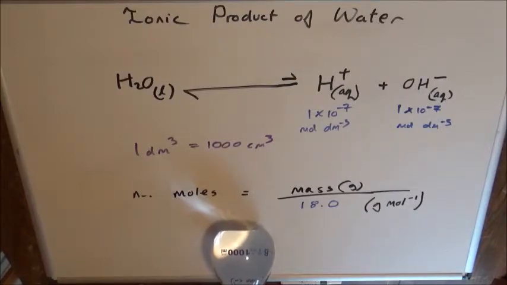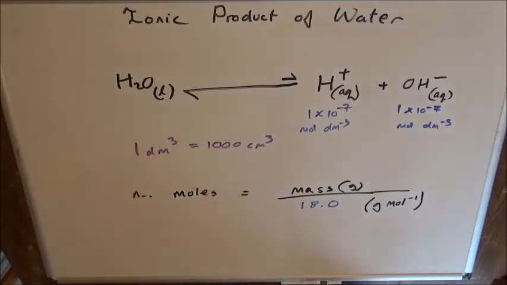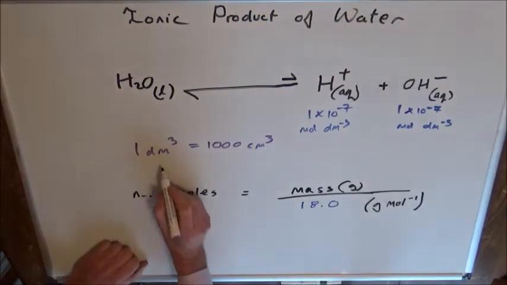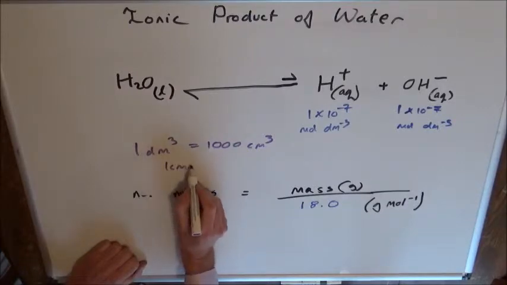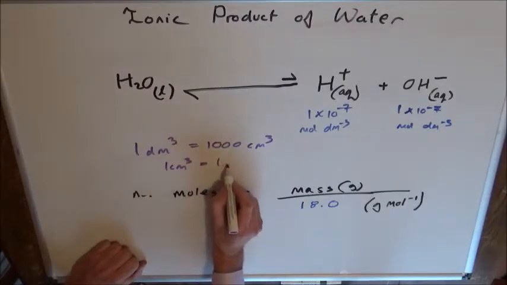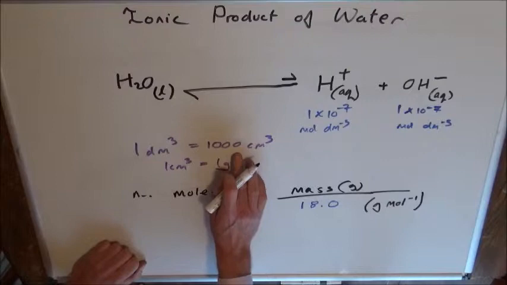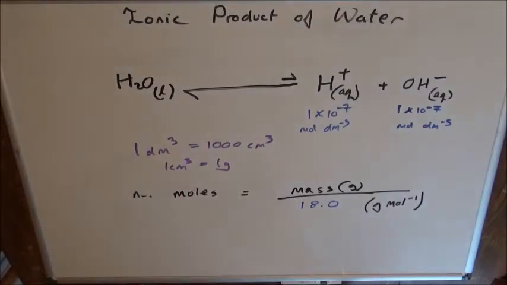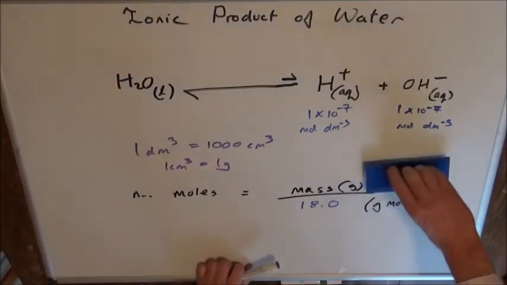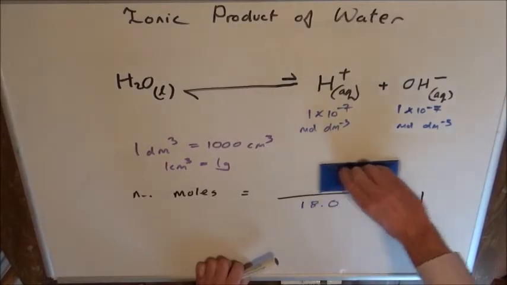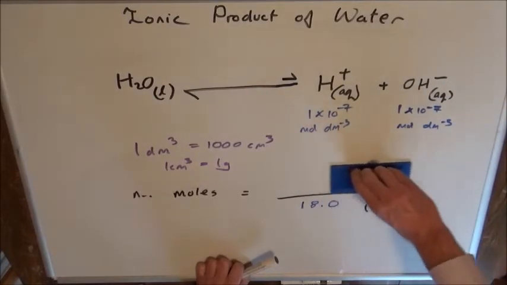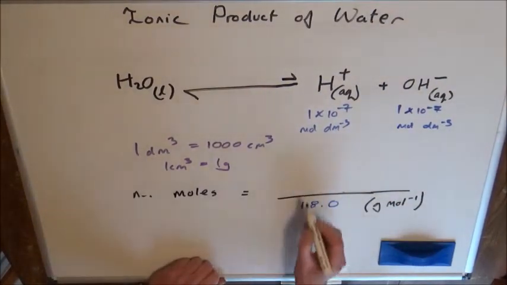But a millilitre and a centimetre cubed happen to be exactly the same volume, so 1,000 millilitres is the same as 1,000 centimetres cubed. And so because we know that the mass of 1 centimetre cubed is 1 gram, if we've got 1,000 of them, which is a decimetre cubed, we know it must be 1,000 grams. So I can write 1,000 grams over here. It's 1,000 grams.